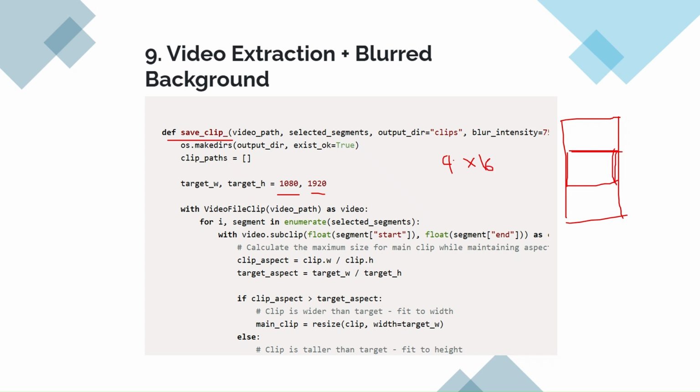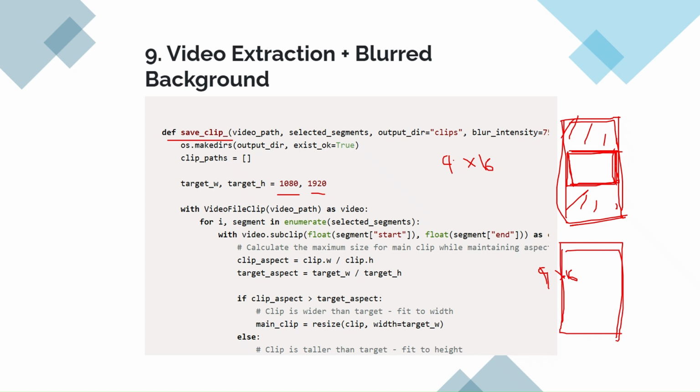First is you will have this 9:16 format. The part here and the part here would be blurred video playing in the background, the same video. And this central part is the main video. The other format is no blurring, just 9:16 format, and the entire contents are here.